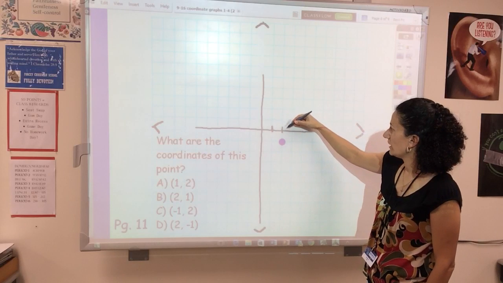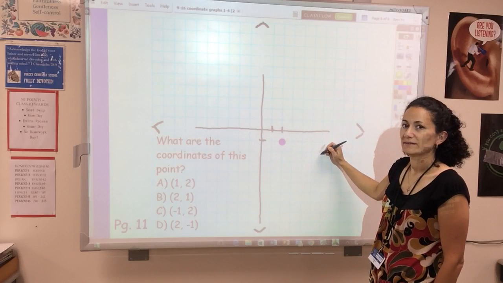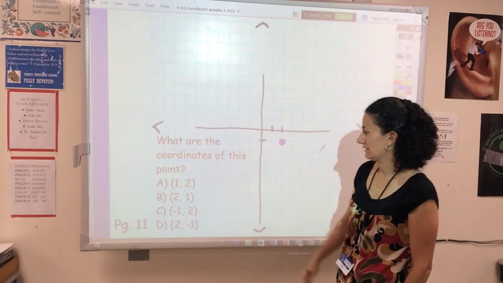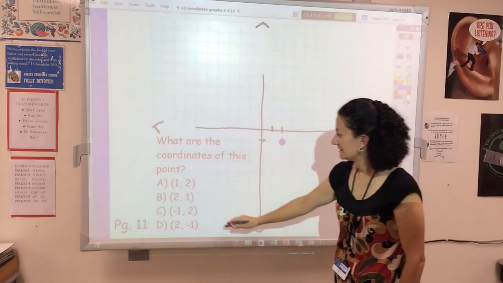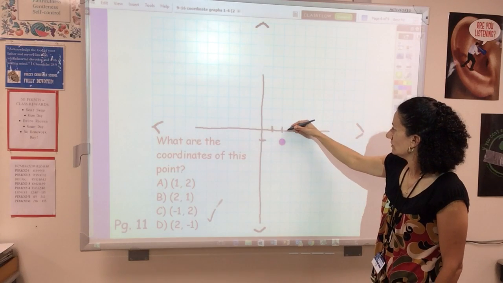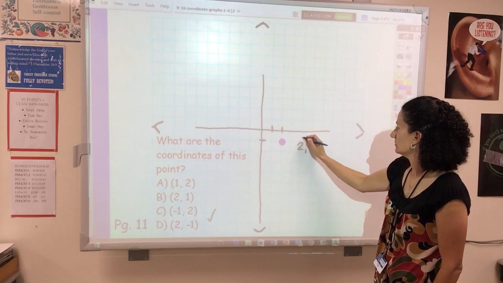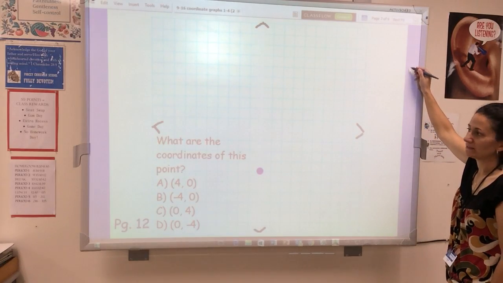It looks like you're going to go right 2 and down 1. So is it A, B, C, or D? The answer is D, (2, -1). You're going right 2 and down 1. So (2, -1) are the coordinates of that point.